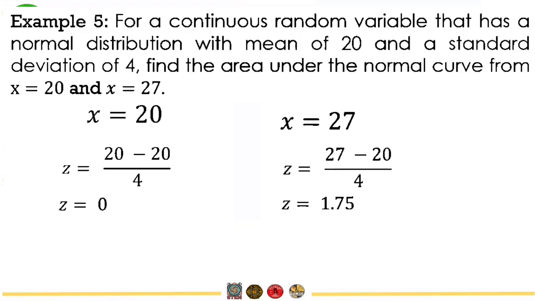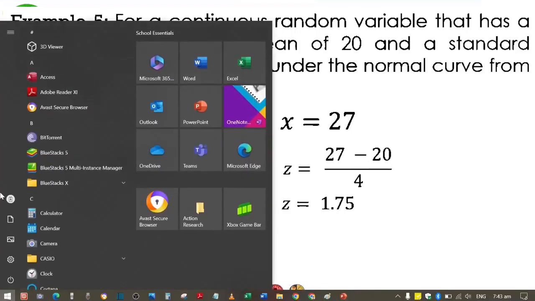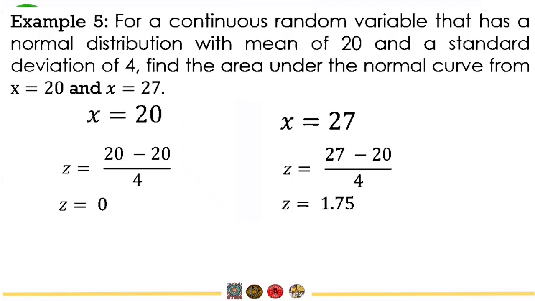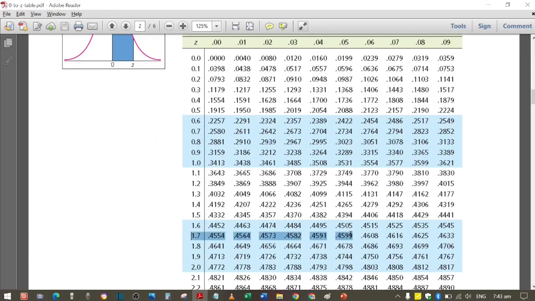So how do we get the area under the normal curve? Okay, so we will look at the z-value table. The area of 0 is 0, while 1.75 is 0.4599. So what does it mean?